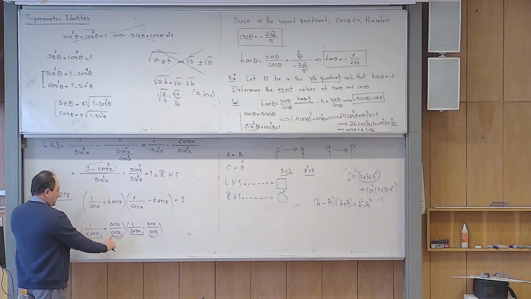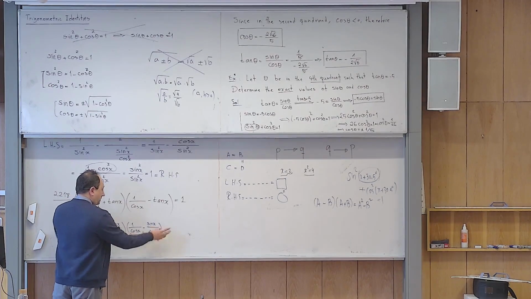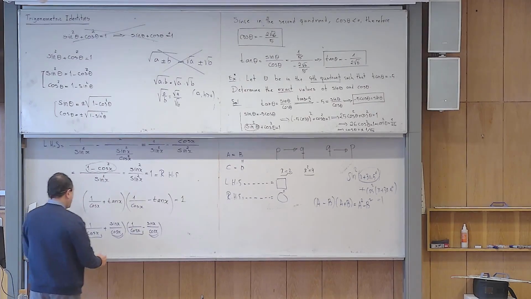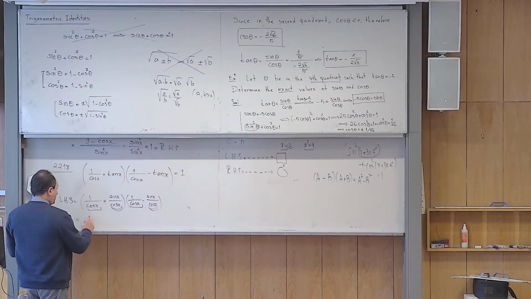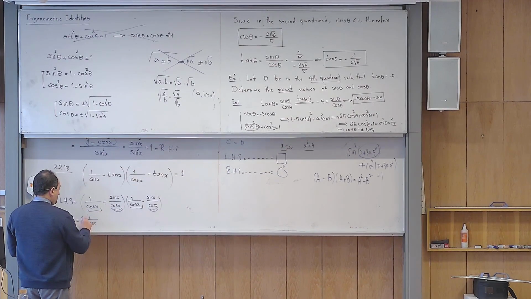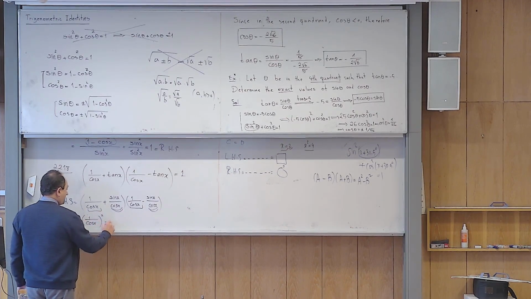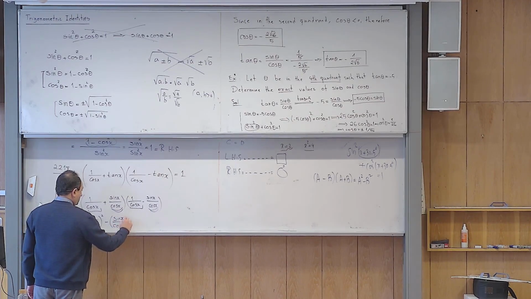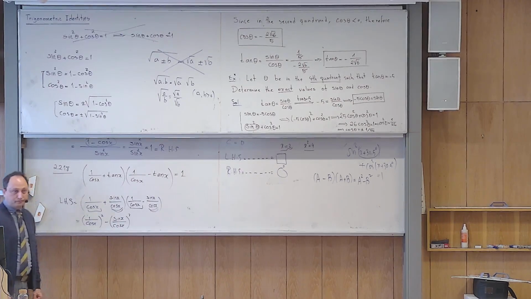I am interested in adding them once, subtracting them, and then multiplying them. So that's the conjugate rule. It becomes the first one squared minus the second one squared. This is the conjugate rule.